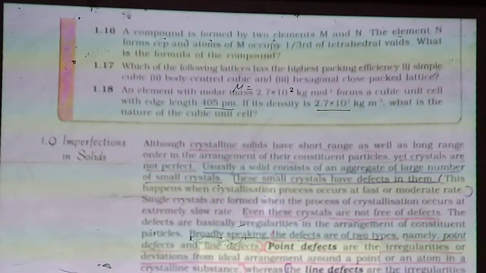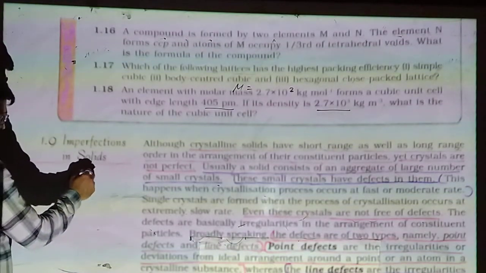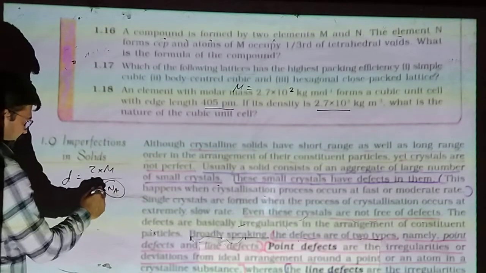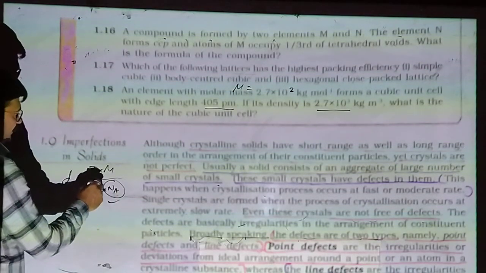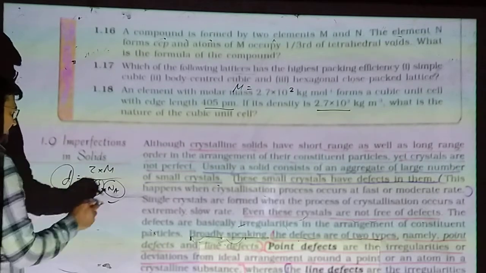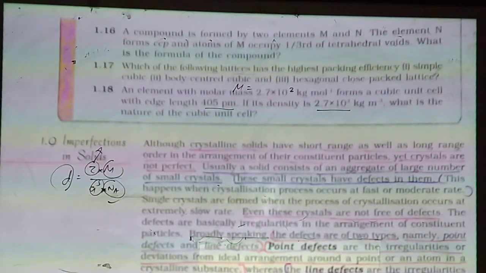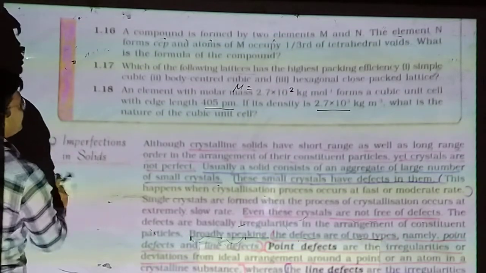With the help of the formula of density, here you can see Avogadro number is constant, edge length is given, density is given, M is given. So we have to derive the value of z. If z is 1, then it will be simple cubic. If z is 2, then it will be BCC. If z is 4, then it will be FCC.